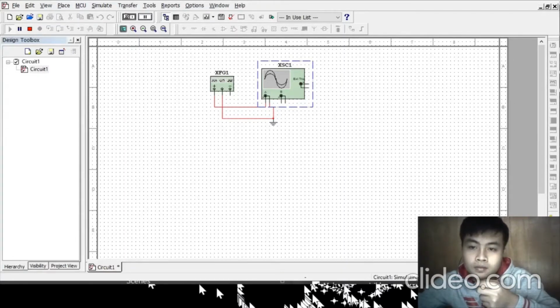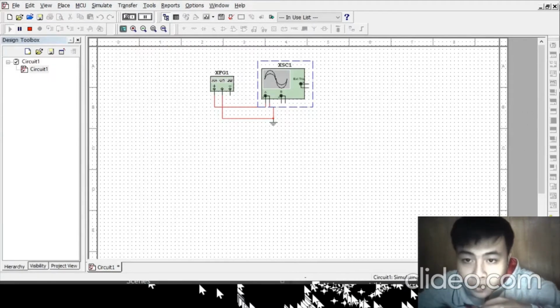Now we can see this is the waveform that forms, and we cannot clearly see which one is the full cycle of this waveform. Here we must change this scale to 1, and you must change it until it shows only one full cycle.